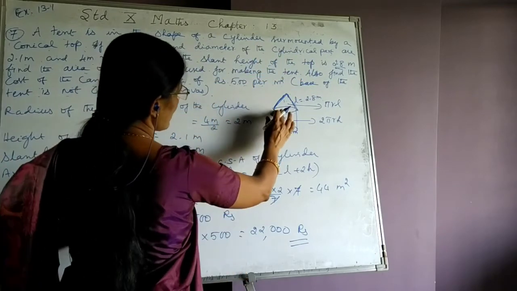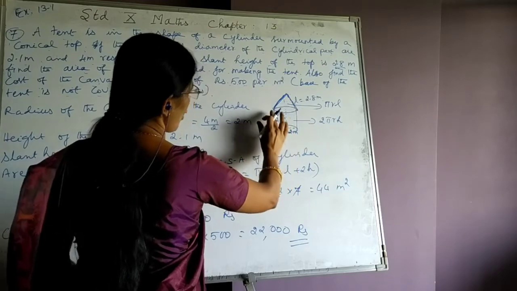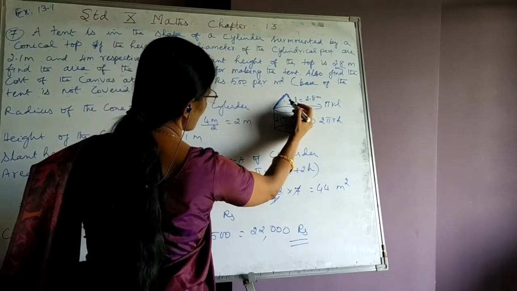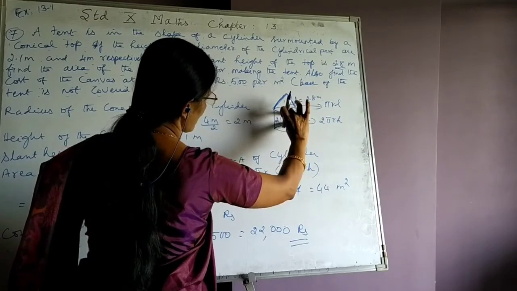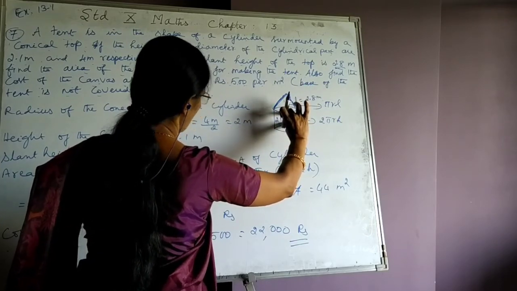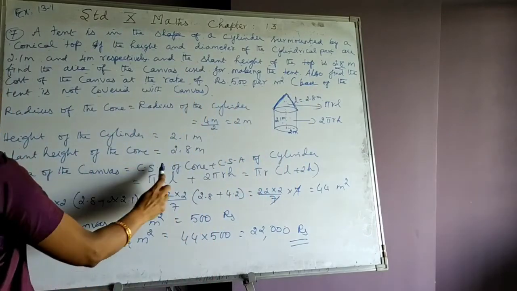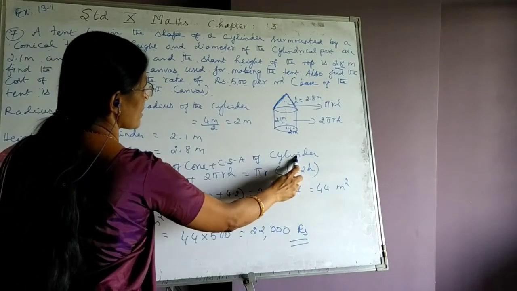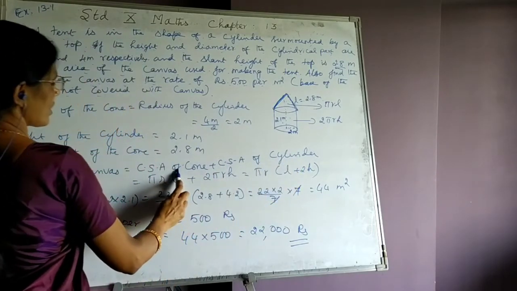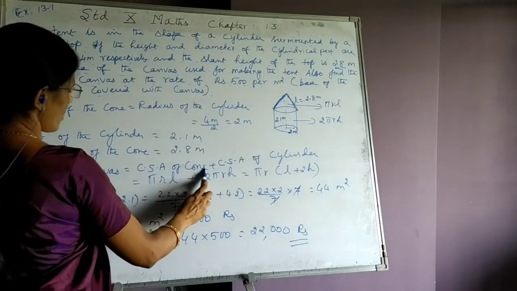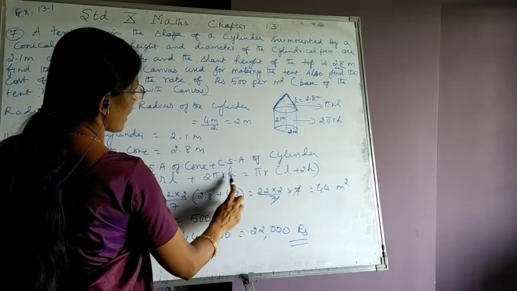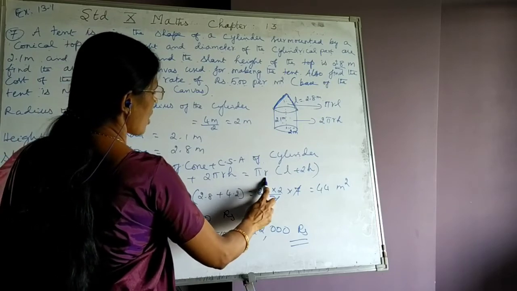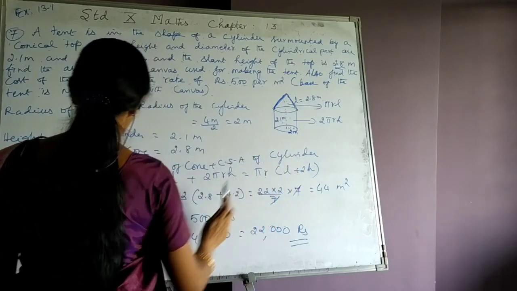So, what is the area of the tent? Area of the tent is CSA of the cone, this area, and curved surface area of the cylinder. So that is written here, CSA of the cone plus CSA of the cylinder. We know CSA of the cone by formula is pi RL and CSA of the cylinder is 2 pi RH. Taking pi R out, we get L plus 2H.